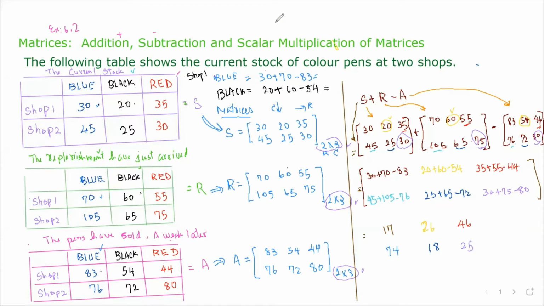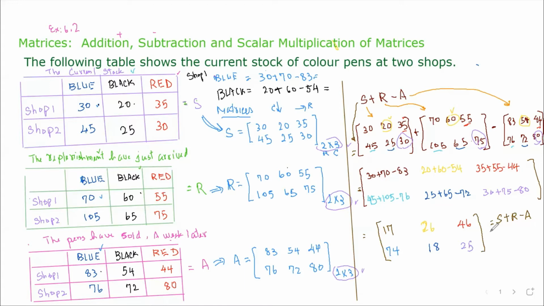Okay, so then we got all the elements here. This matrix represents what? It represents the matrix S plus R minus A. That is the result of the cargo left at the last after 1 week, right?